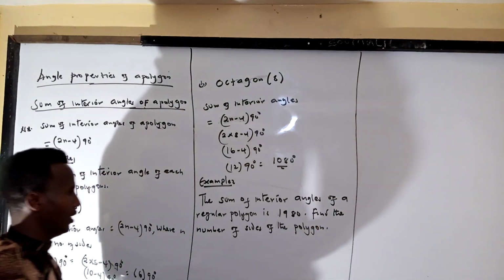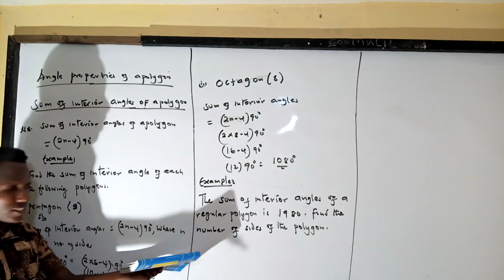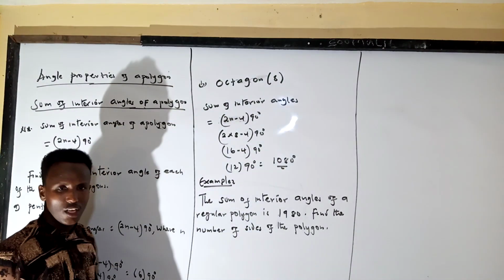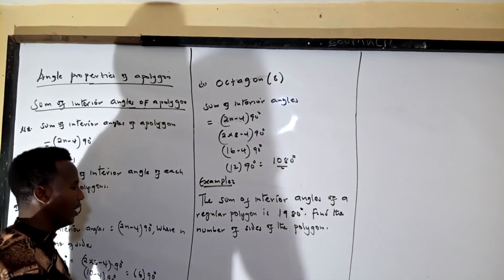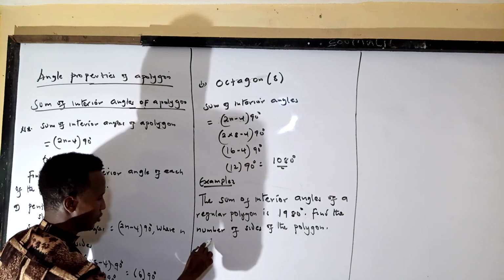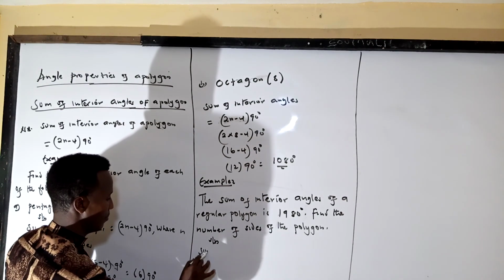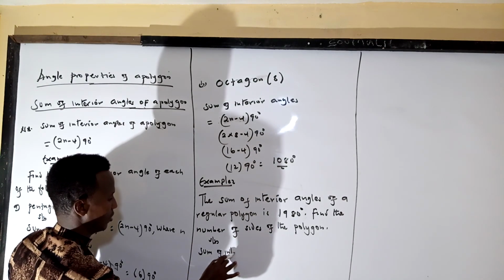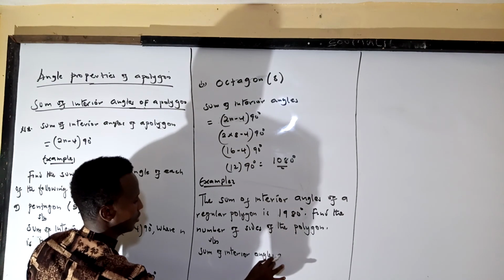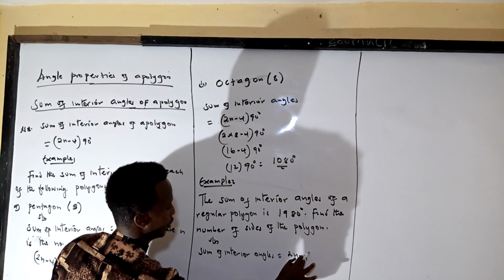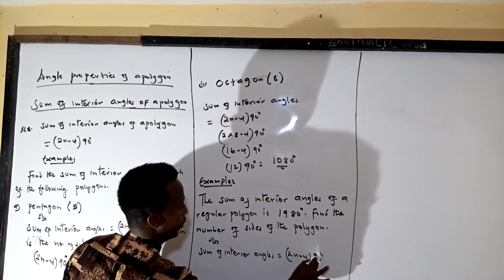Now we have the sum of the interior angles, which is 1980 degrees. Then remember, we are going to say solution. Sum of interior angles is equal to (2n minus 4) into 90.